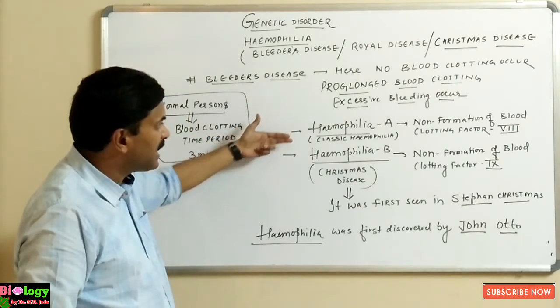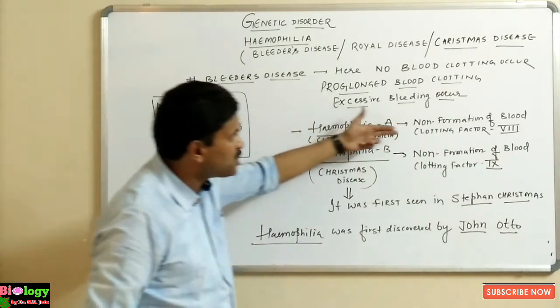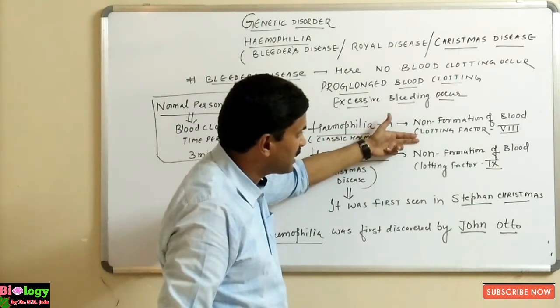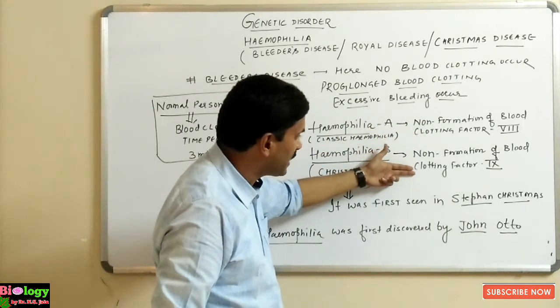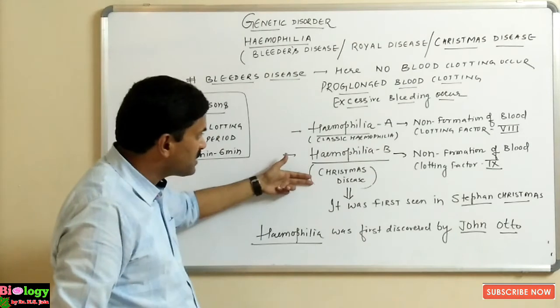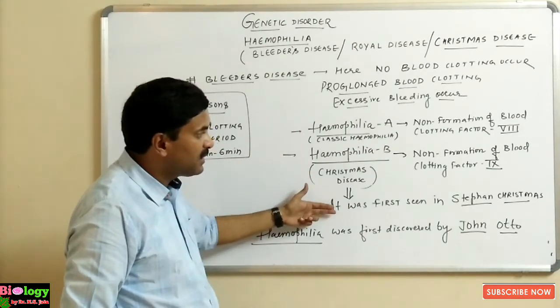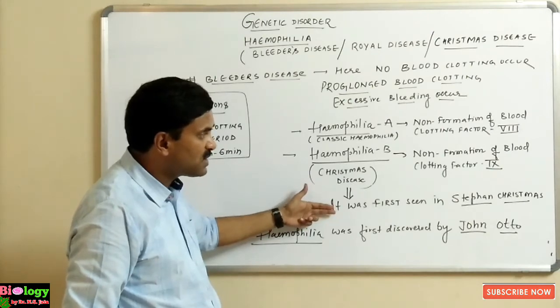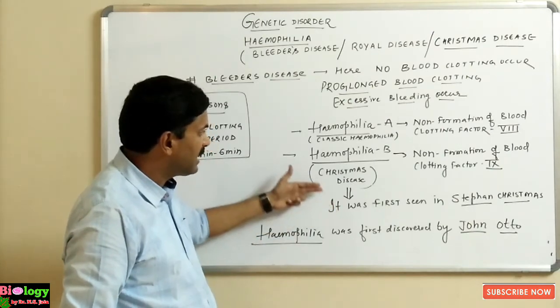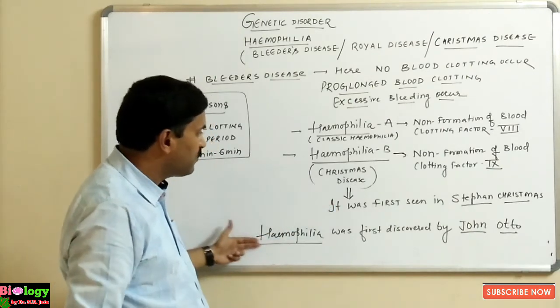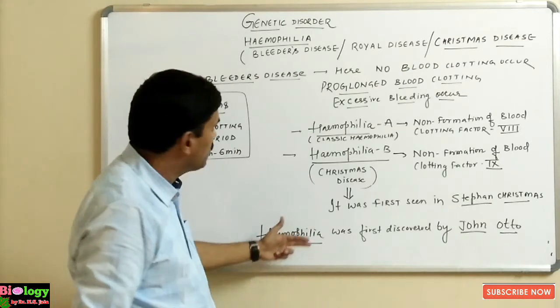Hemophilia is of two types, hemophilia A and hemophilia B. A is caused due to lack of blood clotting factor 8, B due to lack of factor 9, and it is called Christmas disease because it was first seen in a person named Stephen Christmas. Hemophilia was first discovered by John Otto.